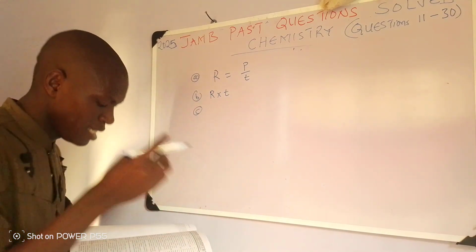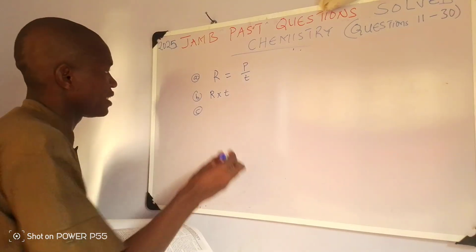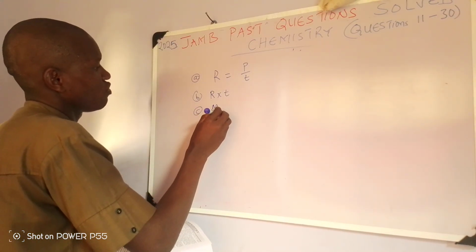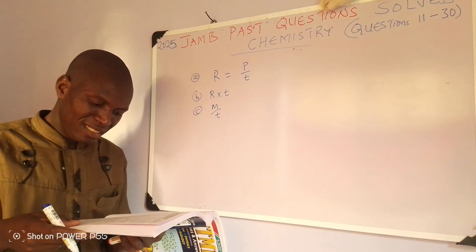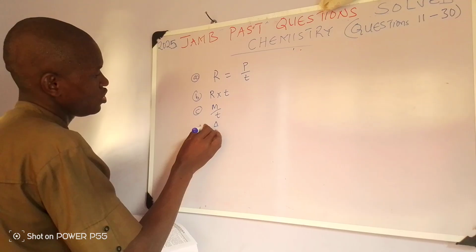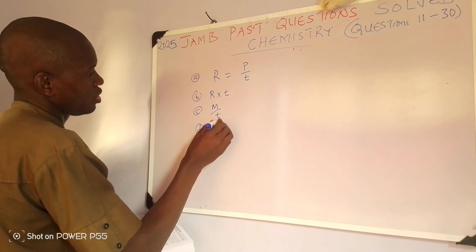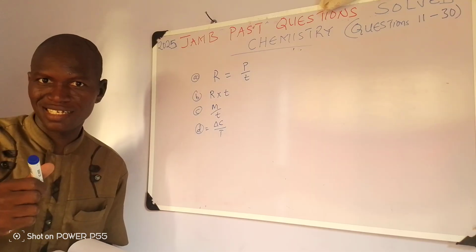C now said rate is equal to mass over time. And D says change in concentration over time. What's your pick?